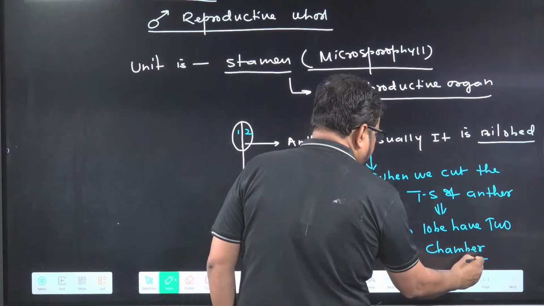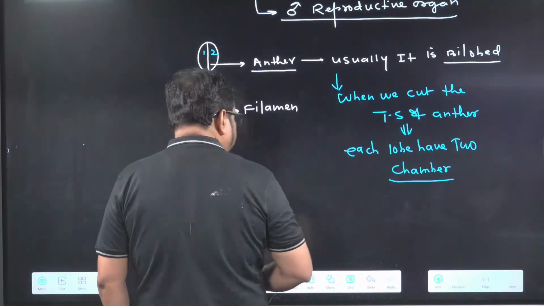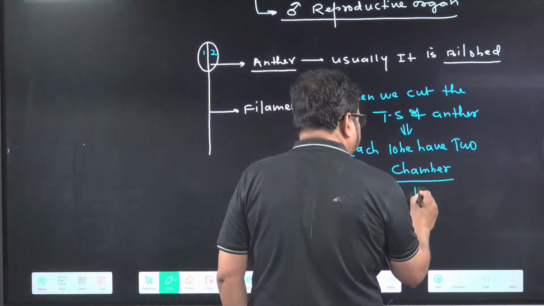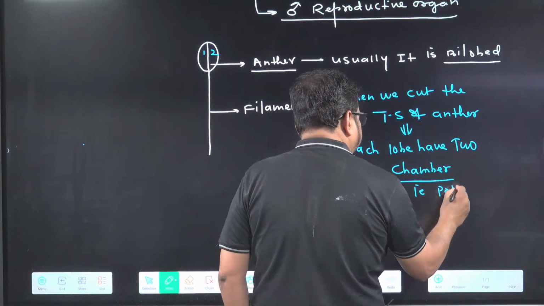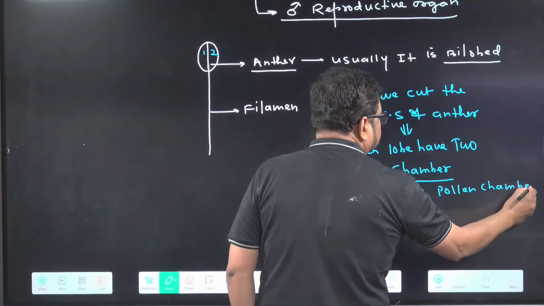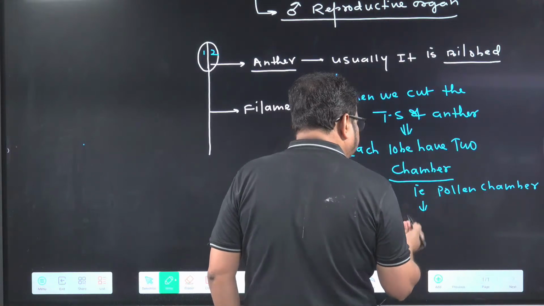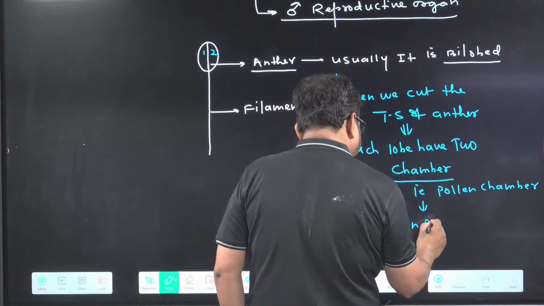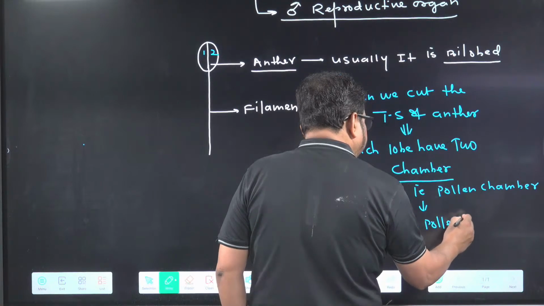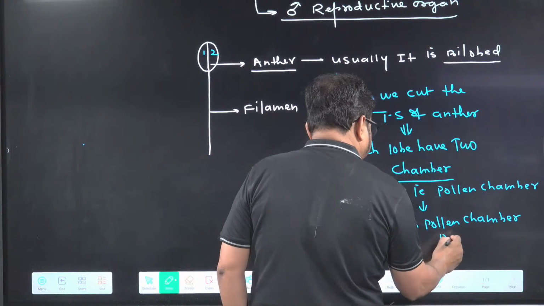Each lobe has how many chambers? 2 chambers. Getting the things? And that is the pollen chamber. And in the pollen chamber, who is present? Pollen grain is present.